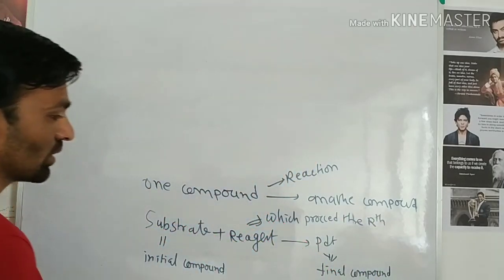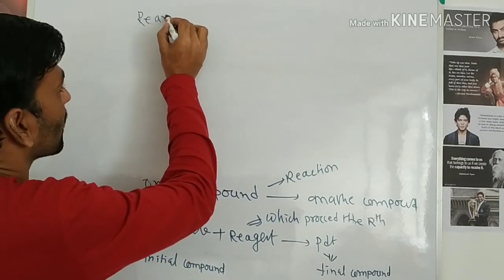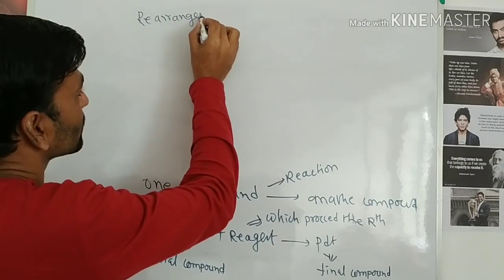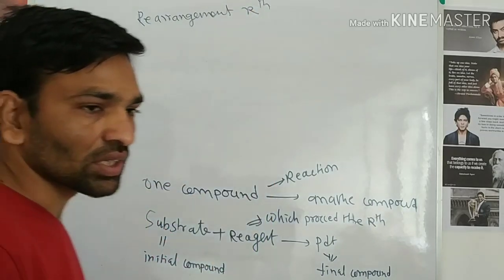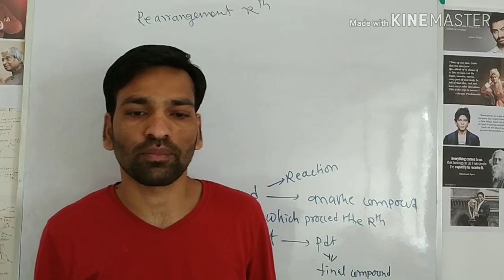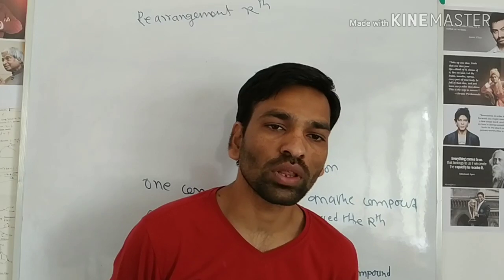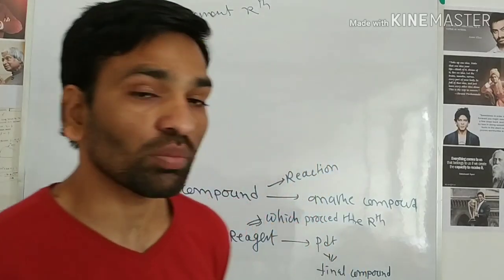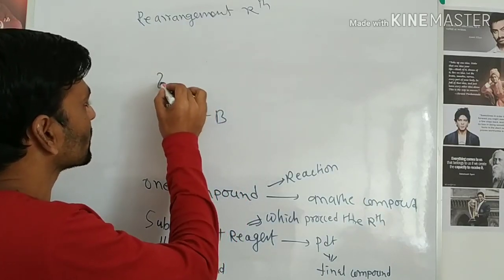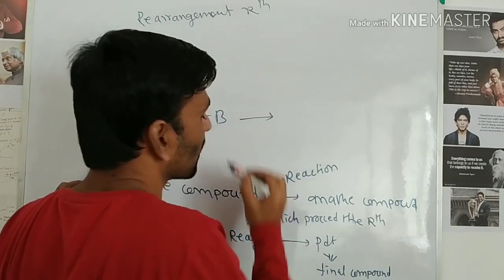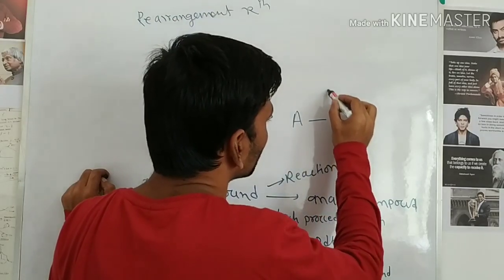The rearrangement reaction is where one group or atom of a molecule migrates to another position of that compound. That means A and B, A is connected to Z, and after the rearrangement the product is formed.